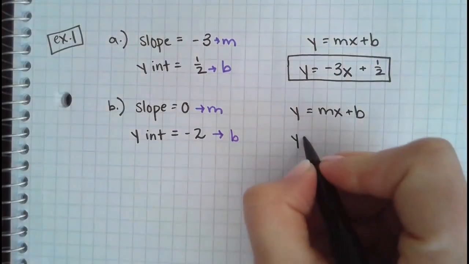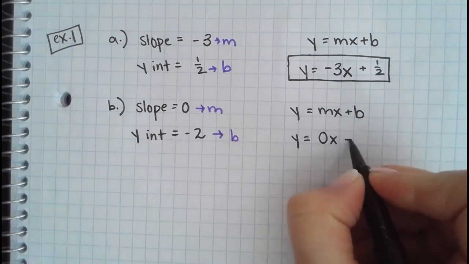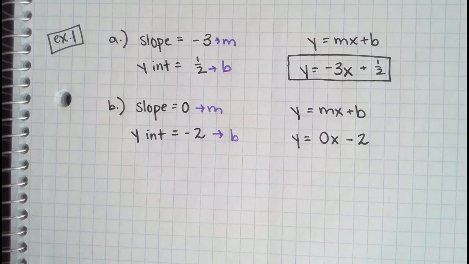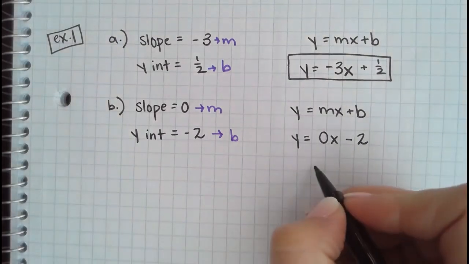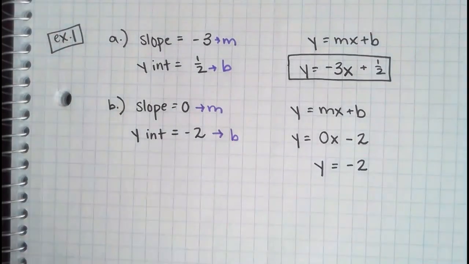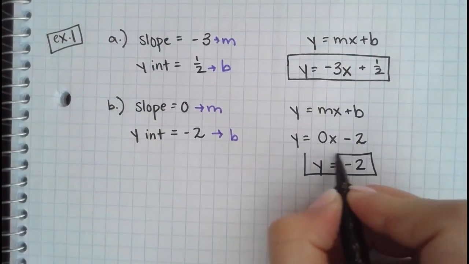Y equals, m is 0, so 0x minus 2. And then we always want to finish up in simplest form. 0x is just 0. And 0 minus 2 is -2. So the final equation is just y equals -2.